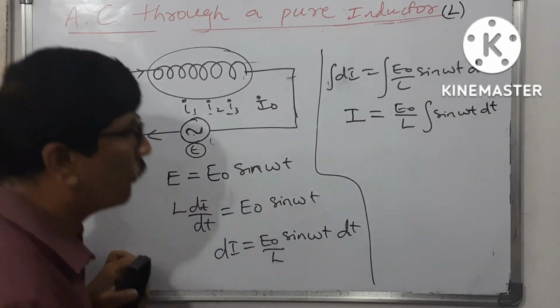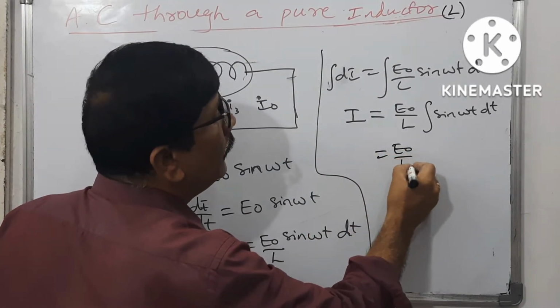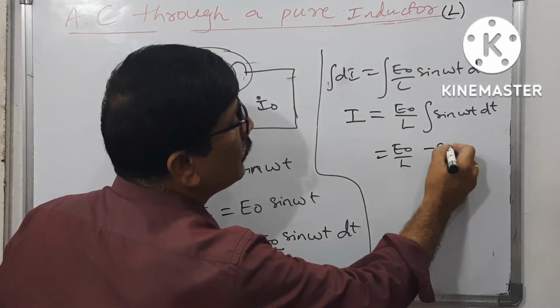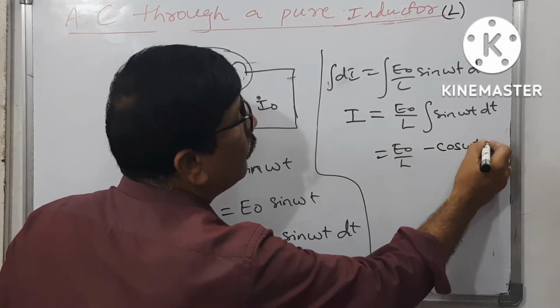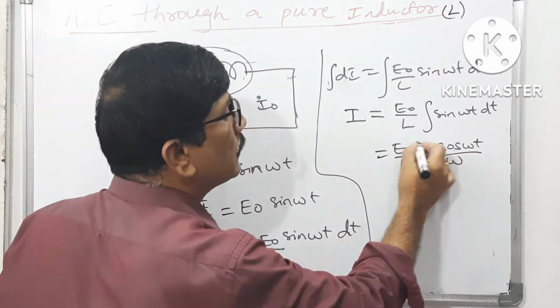After integration, you know, the integration of sin omega t is minus cos omega t divided by omega. I think you know this.